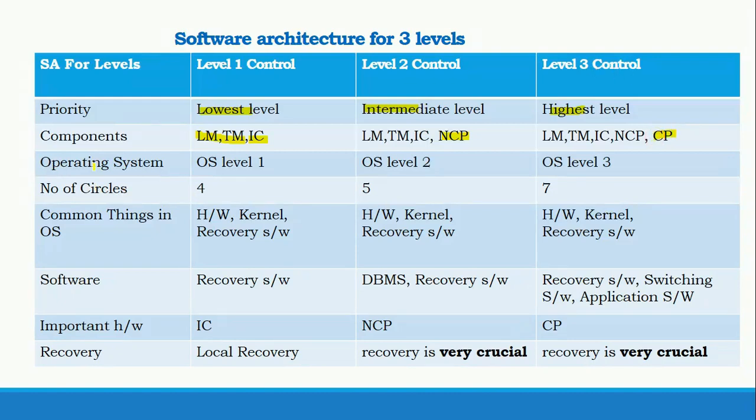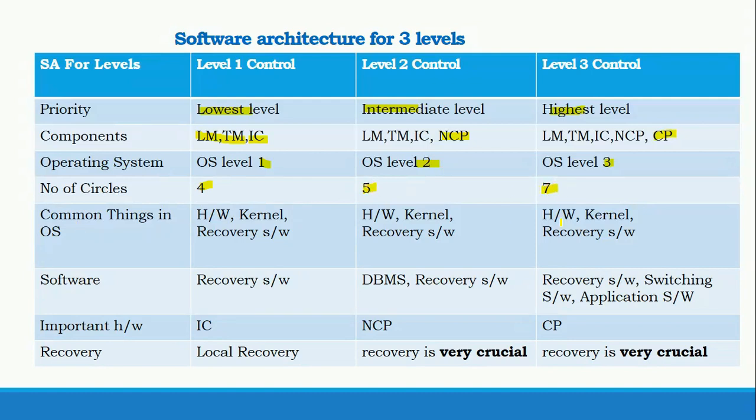And the operating system which will be working at each level, you can easily remember: operating level 1, operating level 2, operating level 3. And even if you want to draw a diagram, you need to remember the number of circles you need to draw at each level. That is important: 4, then 5 circles, and then 7 circles.